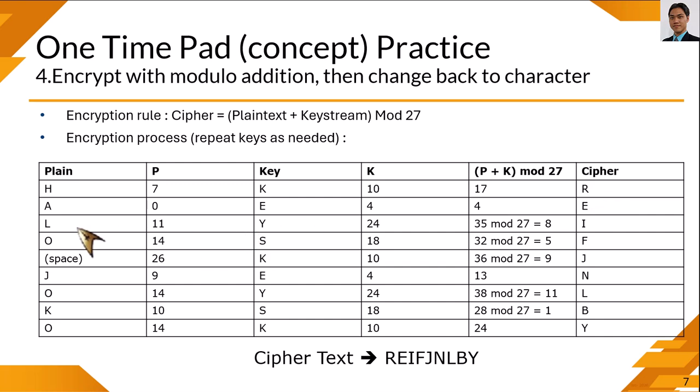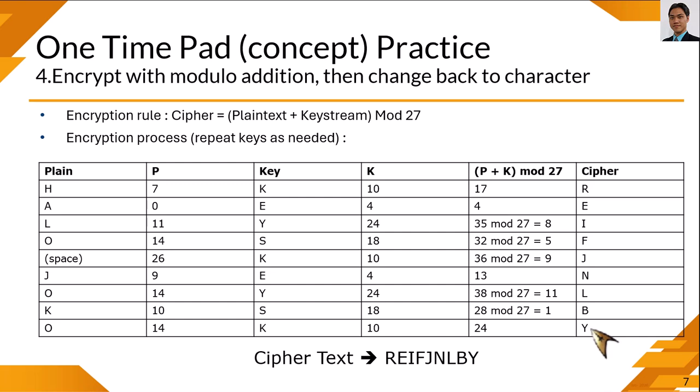And then the next plain is L, and then we add 11 with the key, corresponding key is Y, it's 24. 11 plus 24 is 35. 35 modulus 27 becomes 8, and 8 is the character I. And so forth until the last letter that we want to encrypt.